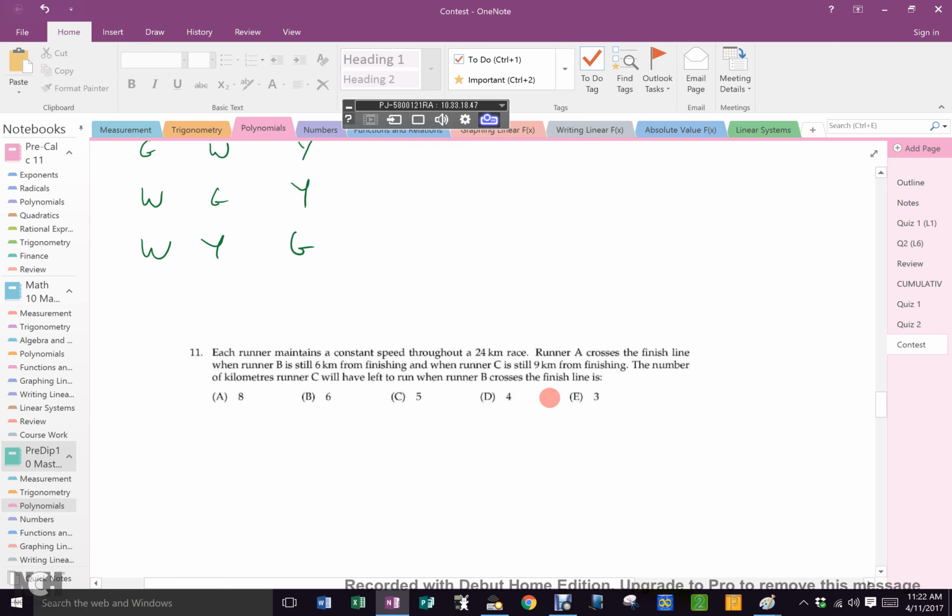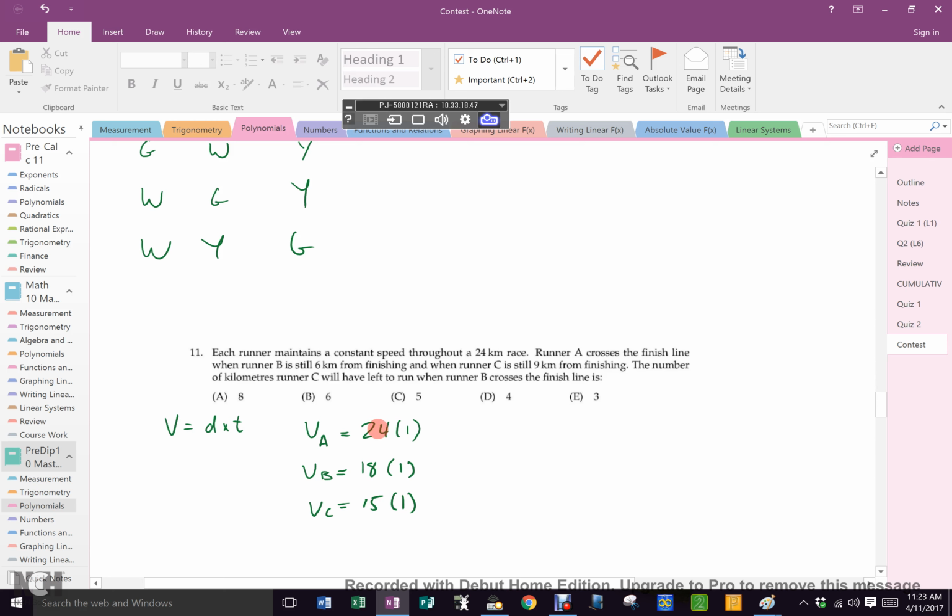This one I'm pretty good at. Velocity equals distance over time, yes? There's 3 runners. So for A, his distance was 24, and he completed it in some amount of time, right? Since he completed the whole thing, we'll say he completed it in 1. B only went 18 in that same time, and C went 15 in that same amount of time, right?